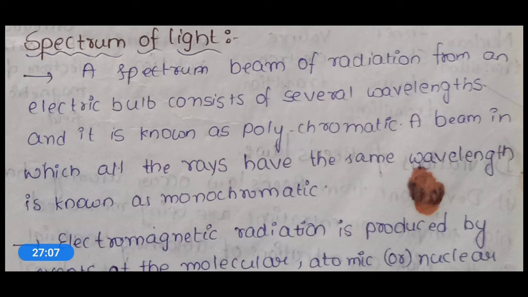A beam in which all the rays have the same wavelength is known as monochromatic.